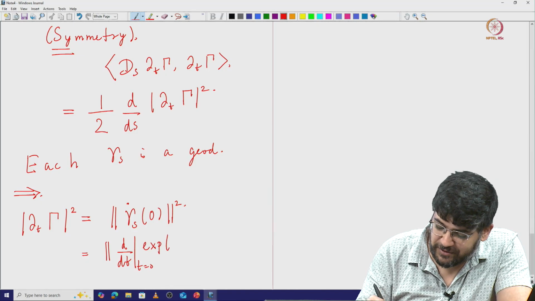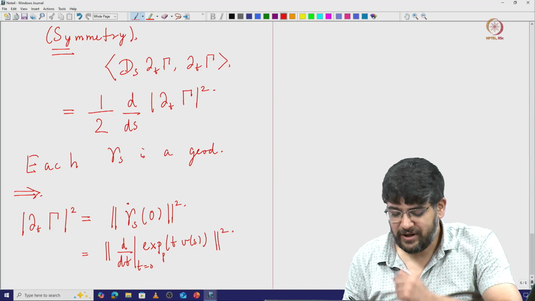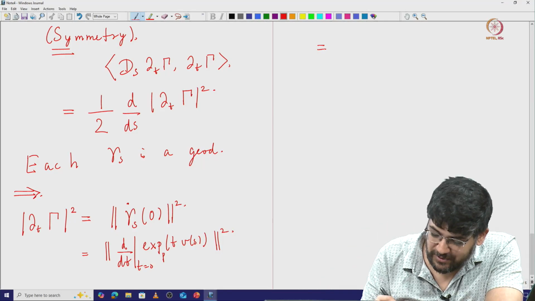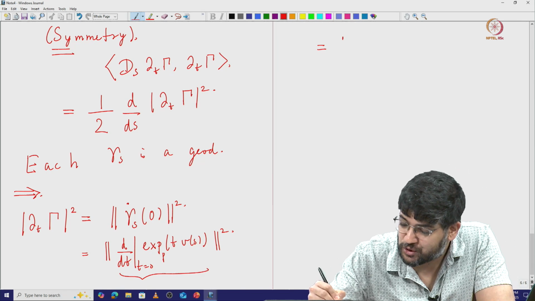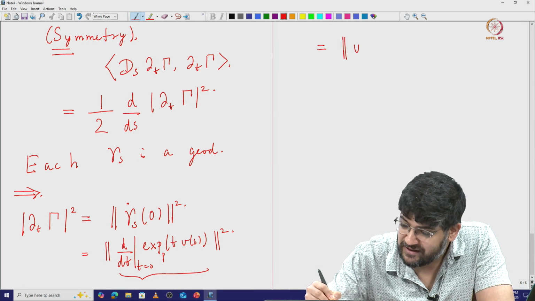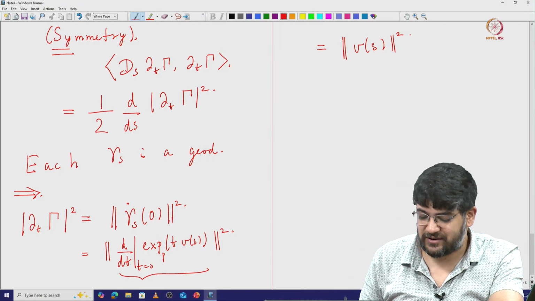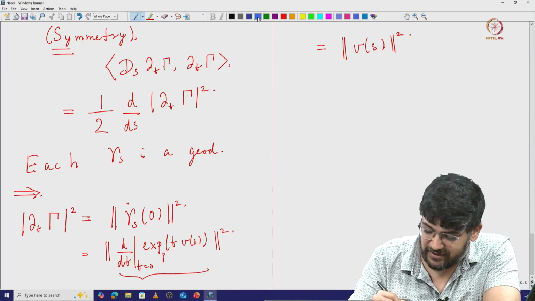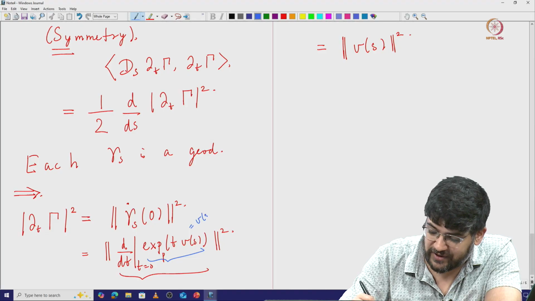Gamma s is just given by exponential of t times V s, which by the definition of the exponential map, this was part of the proposition that we had shown, is precisely just V of s norm squared, because this initial velocity vector of this geodesic is precisely V of s.